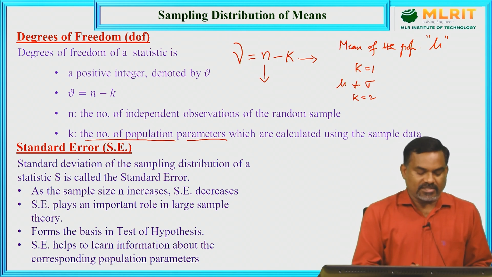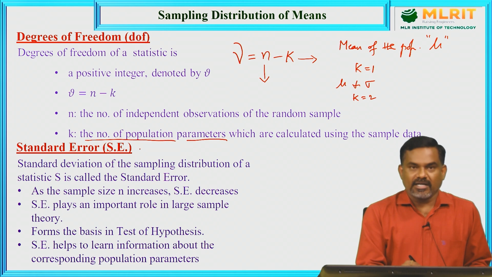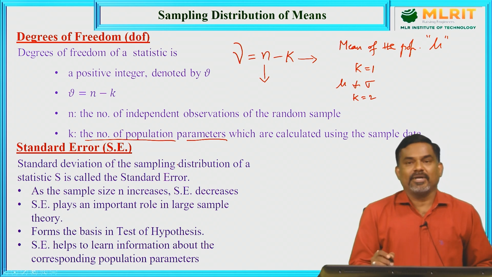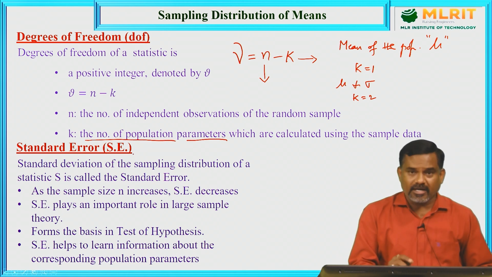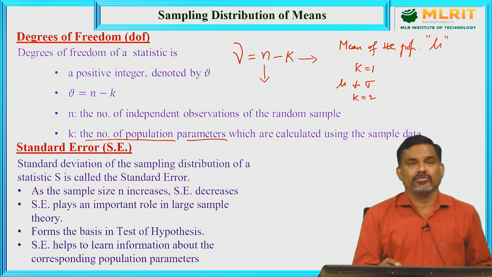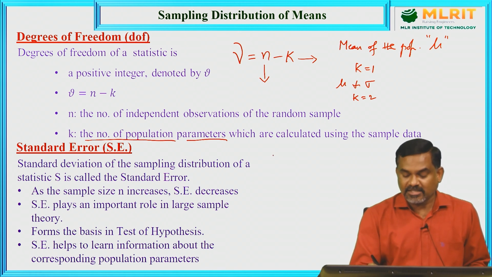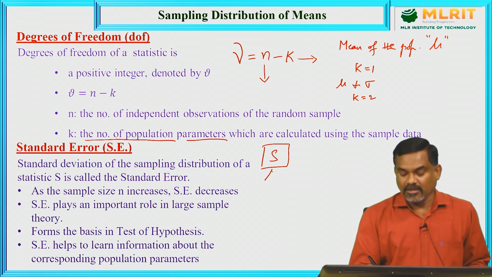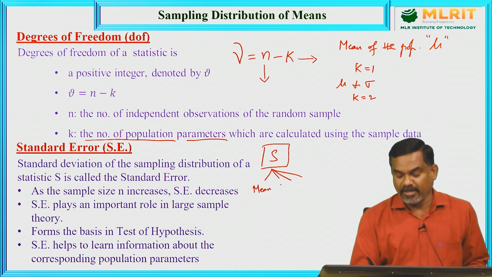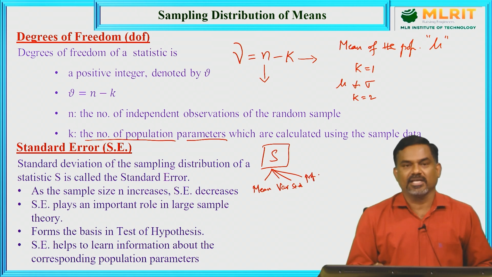And next, standard error. Standard error is the standard deviation of the sampling distribution of some statistic. Let us consider some statistic S. Statistic means any statistical measurement calculated using the sample data. For example, sample mean, sample variance, sample standard deviation, sample proportion, all these are statistics.